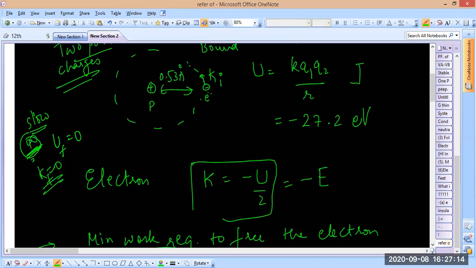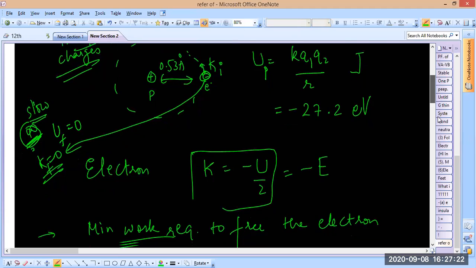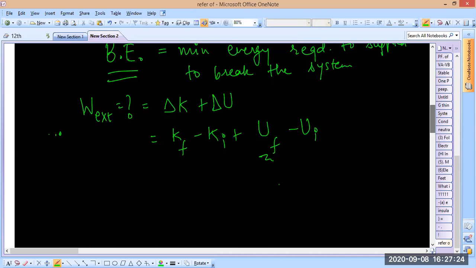U initial we have already found. Initially the electron is here and we want to throw it out. So U final is 0 because that is at infinity, minus U initial you have already found, final kinetic energy is 0, and what is initial kinetic energy?